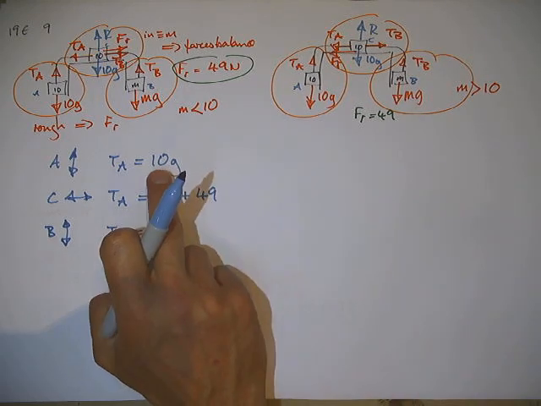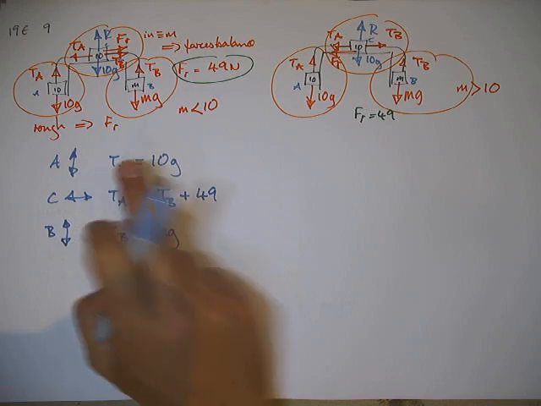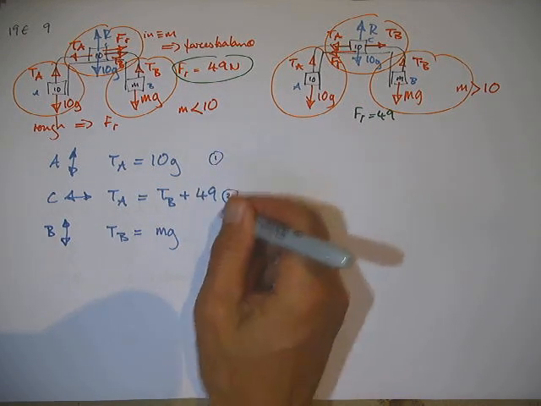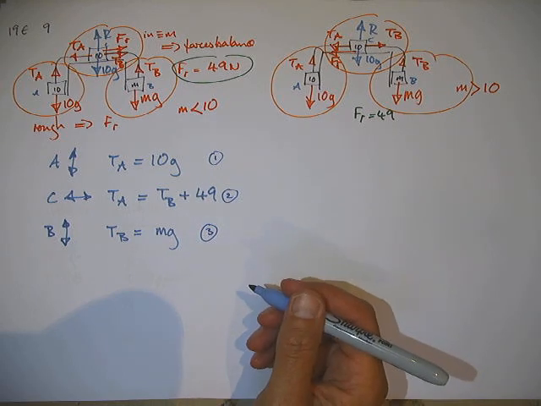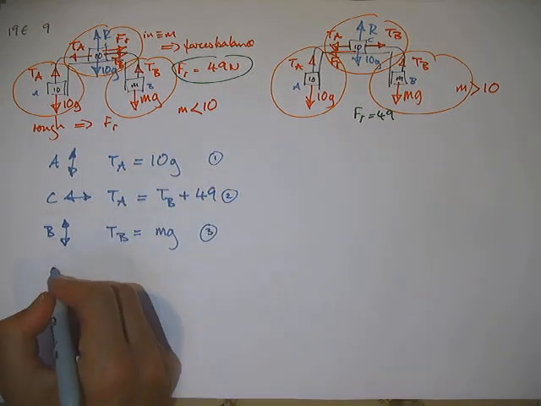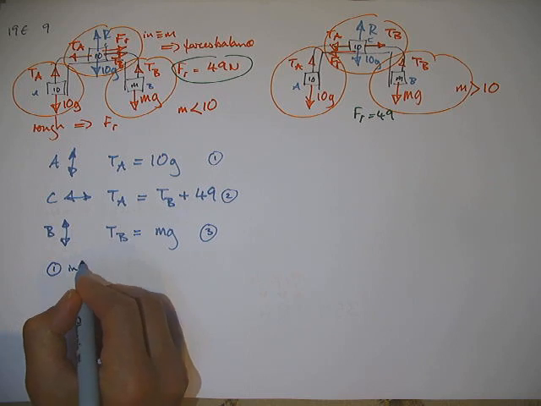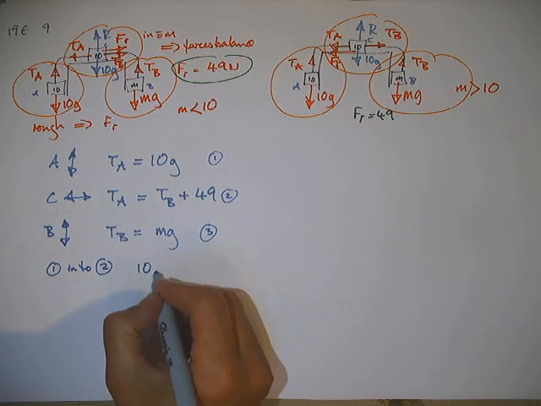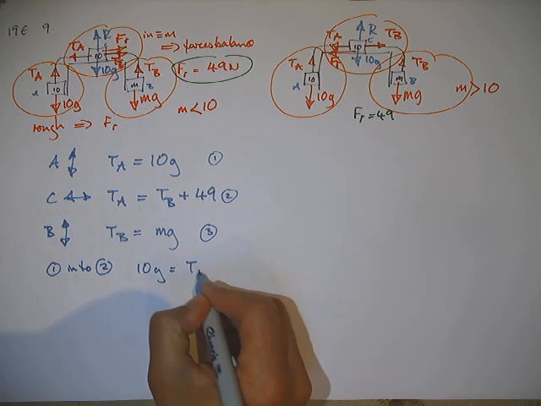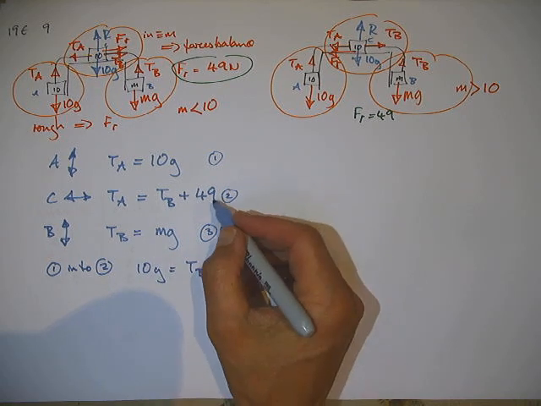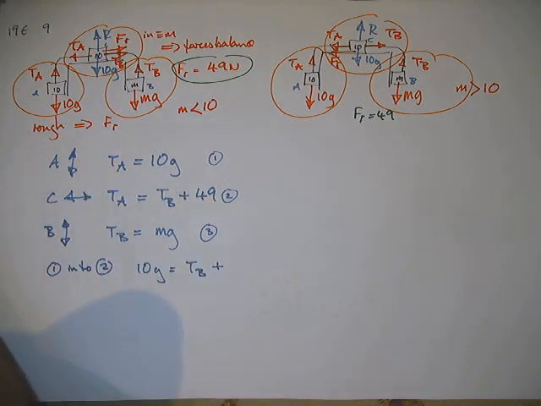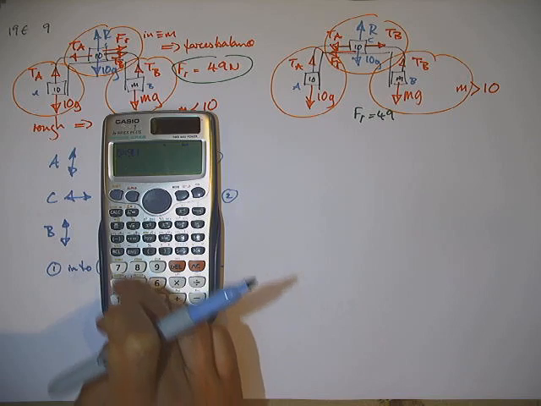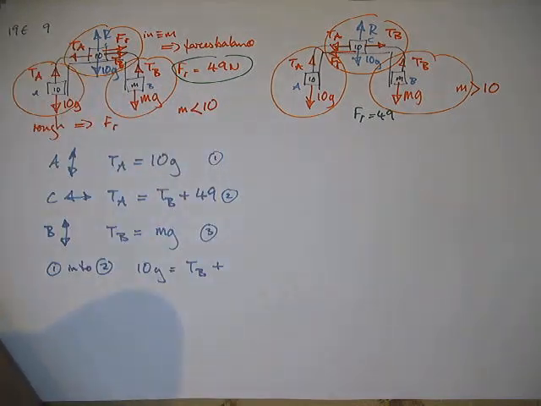Well, how does that help? All right. Oh, so we know, isn't it? Right. So TA is 10g. So that's 1, 2, 3. Right. 1 into 2. 10g is TB plus 49. Now, a bit sneakily, I happen to know that 5 times 9.8 is 49.